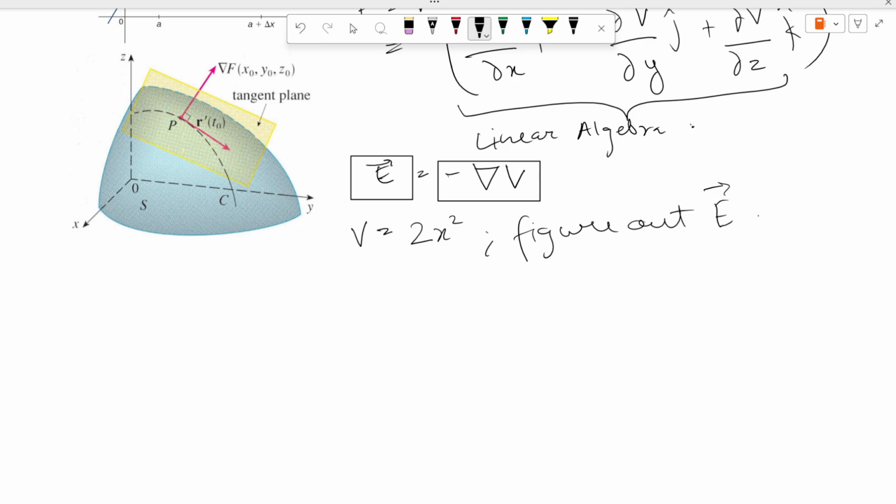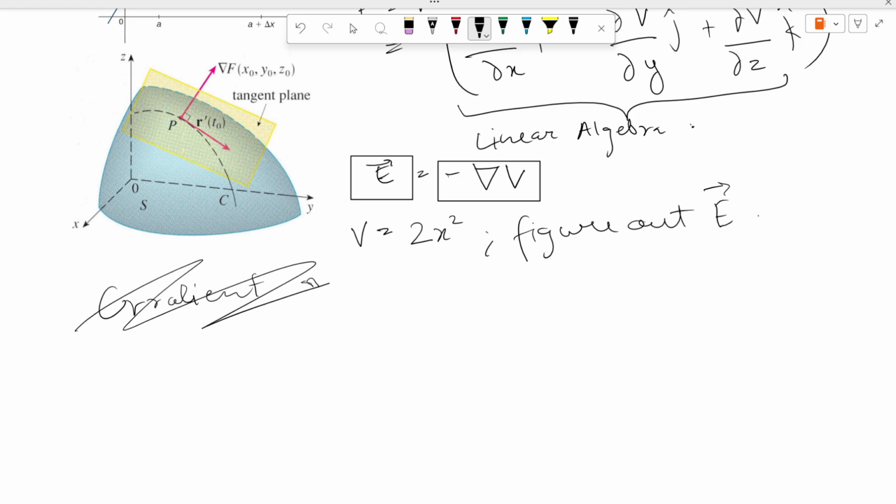So let me give you a short overview. There is one thing named curl. What curl does is it gives you a vector field from a vector field. It is that kind of derivative. We are not going to discuss it today. Then there is gradient. What gradient does is it gives you scalar upon vector, and the output is a vector.